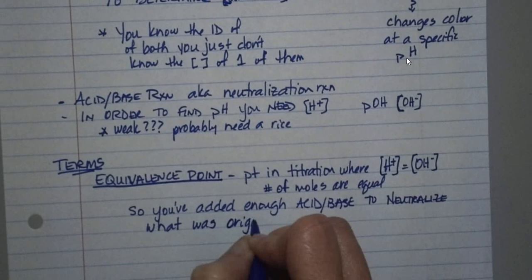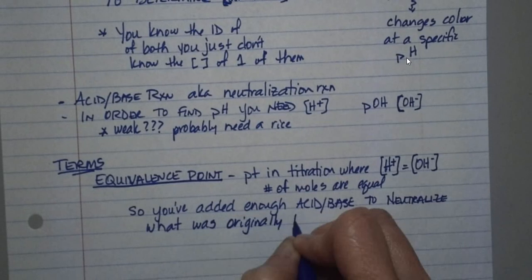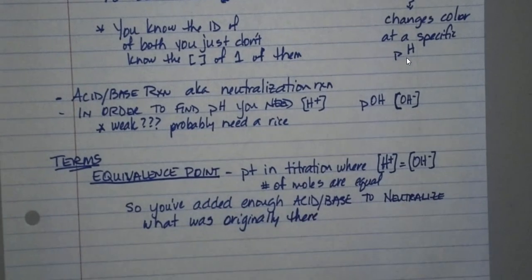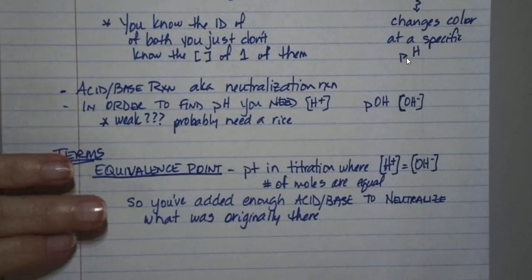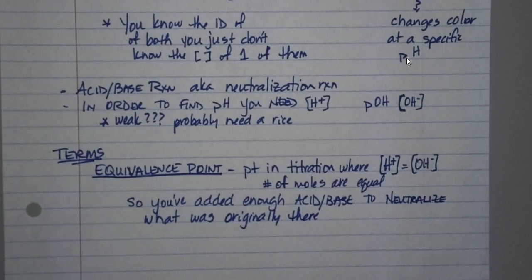The number of moles are equal. This goes for any of your acid-base stuff. It's just your equivalence point. If it's a strong acid and a strong base, it's all a 1-to-1 mole ratio. Your equivalence point is going to be right smack dab in the middle.